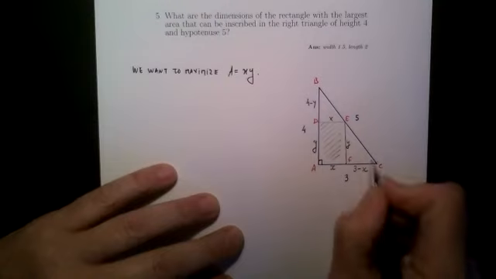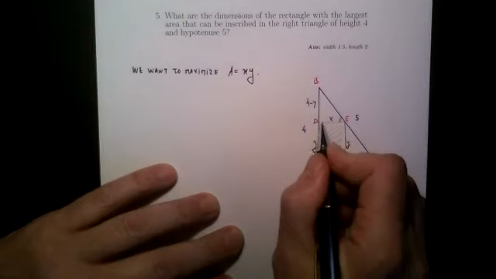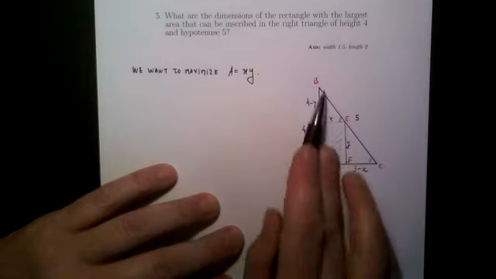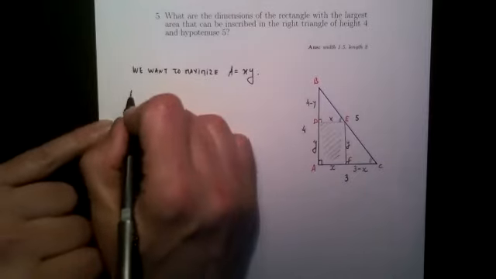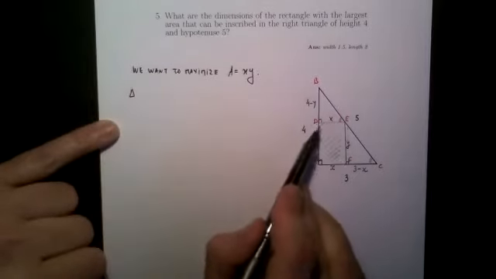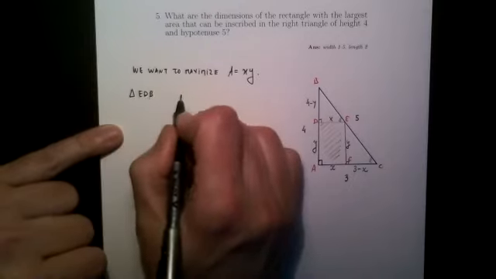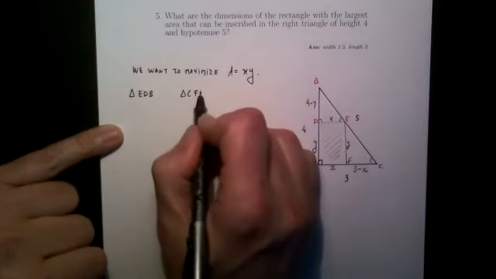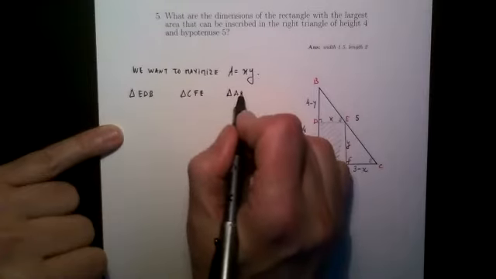Okay, so obviously this angle here is equal to this angle, it's congruent. This is also 90 degrees, this is also 90 degrees. So I see that I have 1, 2, 3 similar triangles. Okay, I'm gonna write this down. So triangle EDB and triangle CFE and triangle ABC, right?